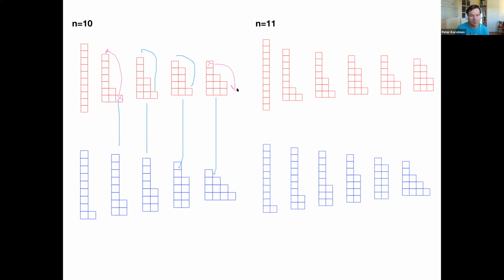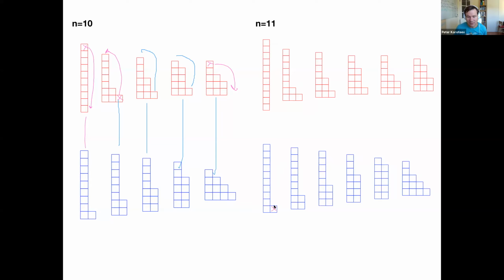And then here you throw it back down. Yes, that's right. So that's how you get those ones. Essentially, for some of them you need to move the block up, and for some of them you need to move it down. The same thing works in the blue one.